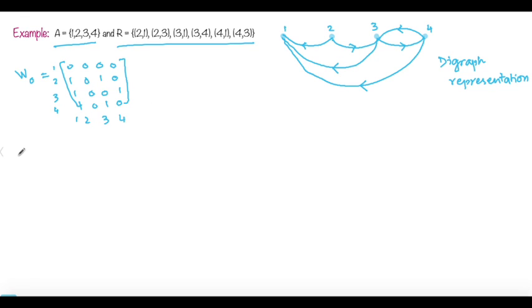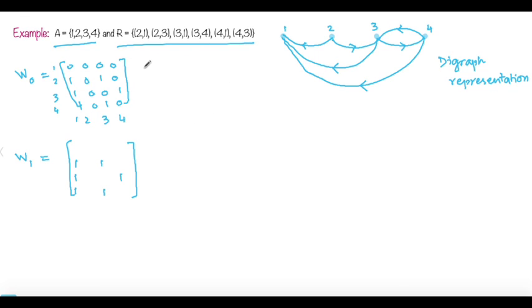Okay, now let's say W of 1. For W of 1, remember that the ones we have, we just copy them, because the first condition is w_ij^(k-1); if that is equal to 1, then 1 OR anything is 1. Okay, so there are two ways. You can look at the graph and make it, or you can use the algorithmic equation.